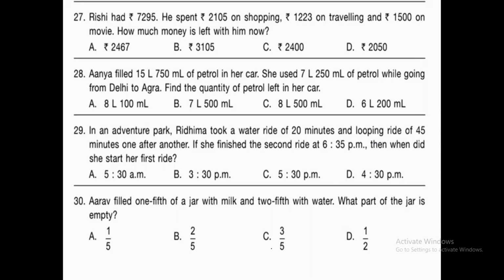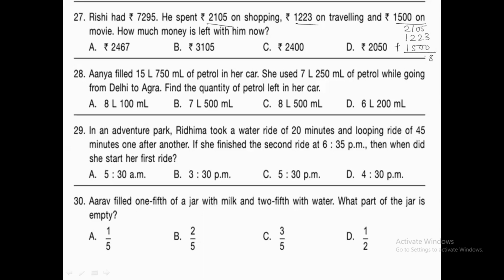For finding the money that is left with him, first we need to find the money that he spent. So we need to add all his spendings. Okay, so we will add 2,105 with 1,223 and 1,500.